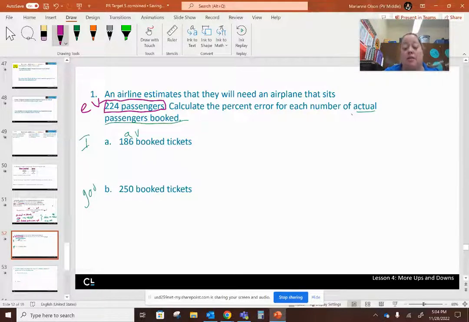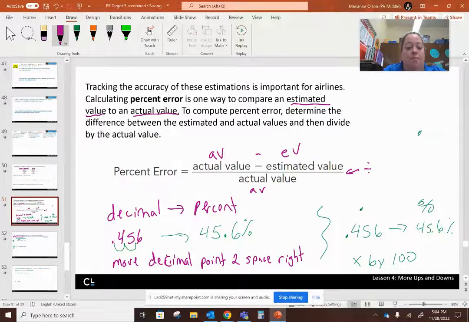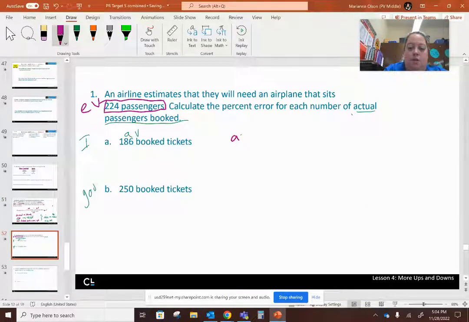So to find my error, so that way I can figure out what went wrong this time, I'm going to do my AV minus EV. So AV minus EV. So that is AV is 186, what I actually got, minus 224.